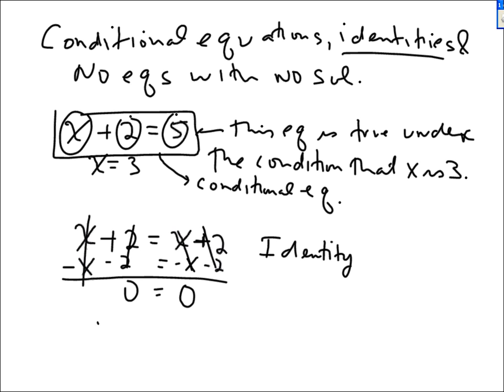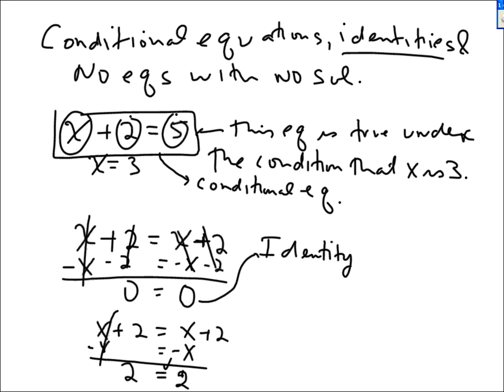If instead all you did was take away x, you get positive 2 equals positive 2. That's always true. That's an identity. Once you get the same thing equal, one number equals itself, it's called an identity. It's not conditional, no matter what x you use.